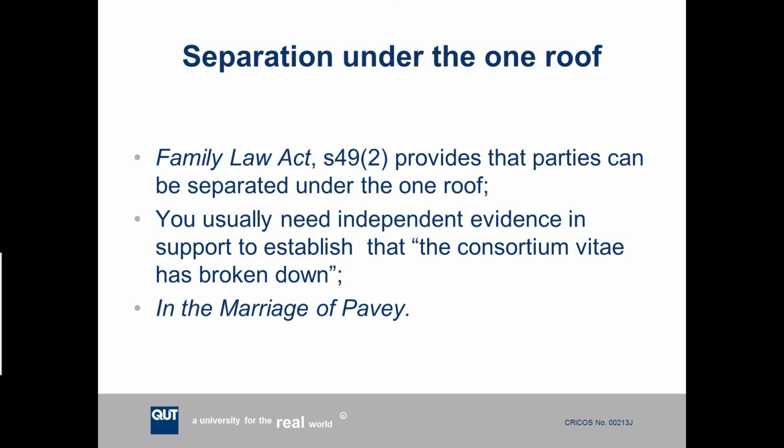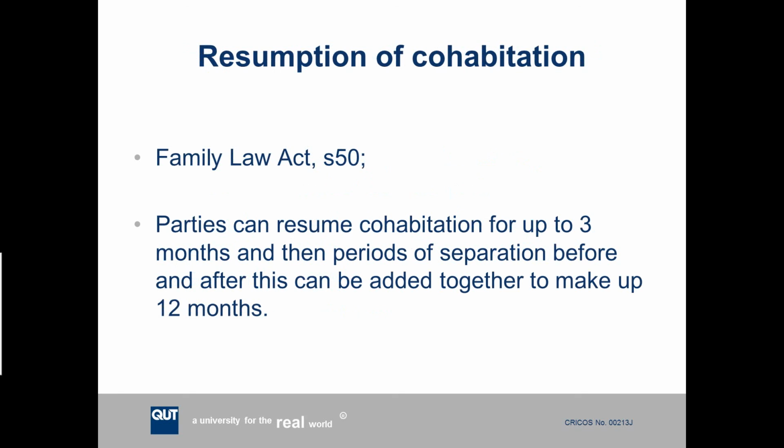And for example, the types of evidence people might provide is that they were sleeping in separate beds, they weren't going out as a couple together, they weren't cooking for each other or doing domestic tasks for each other. And really it's just a matter of the particular facts in that particular case, what sort of elements were present in that marriage prior to separation, and then whether they were not present once the people are saying they separated.